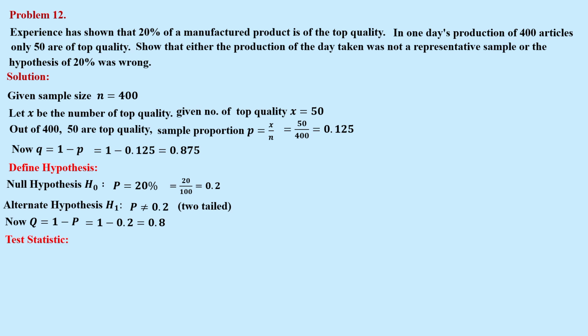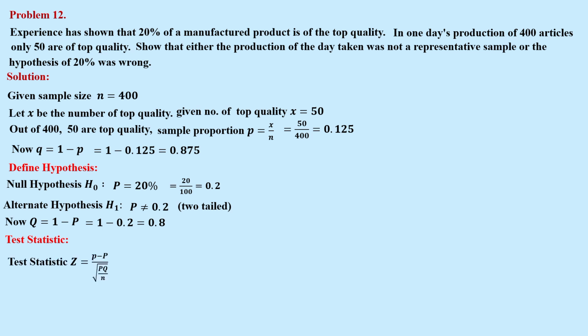Test statistic. You can use left tail or right tail also, if it is more than 20% or otherwise less than 20%. The manufacturer's claim is 20%, so you can take left tail, less than 20%, you can use that also. But here we are using a two tail test.